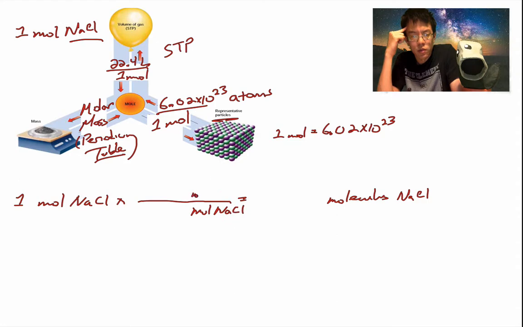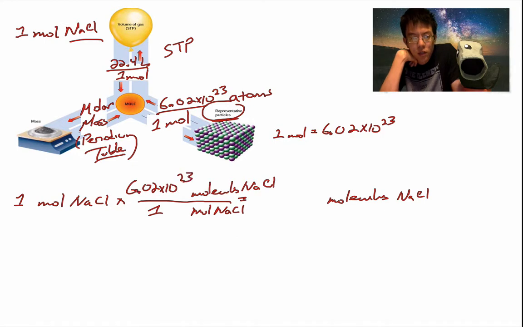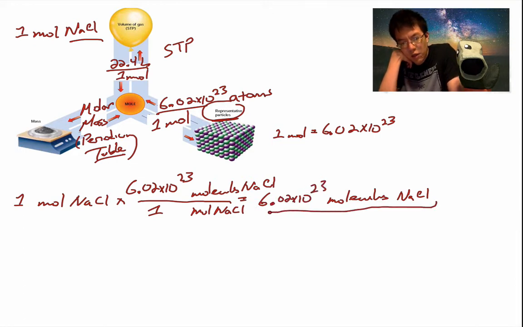I know in 1 mole of NaCl, I have 6.02 times 10 to the 23rd representative particles, which in this case is NaCl molecules. If I multiply that across, that's just 6.02 times 10 to the 23rd molecules of NaCl. So that's how many molecules I have.